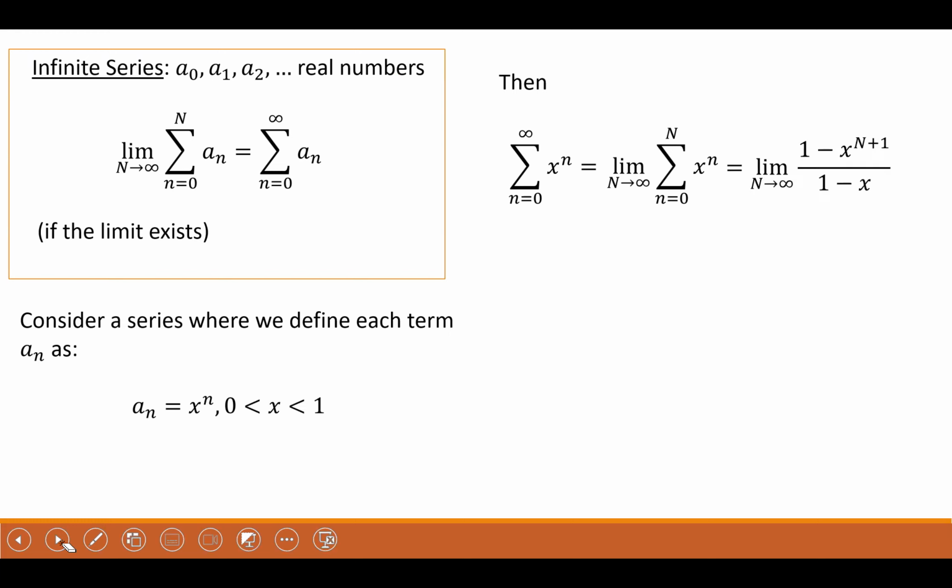Okay, and the closed form, which I'm just going to give to you, and then we'll prove it after, is this, right? So if I have some summation, n equals 0 to big N of x to the power n, where again, x is a number between 0 and 1, then I can write that as this closed form.